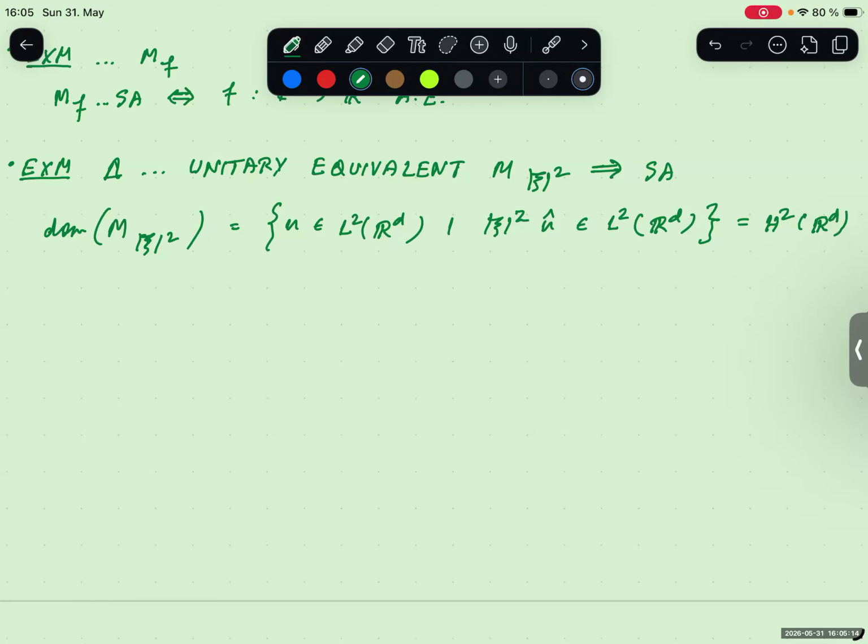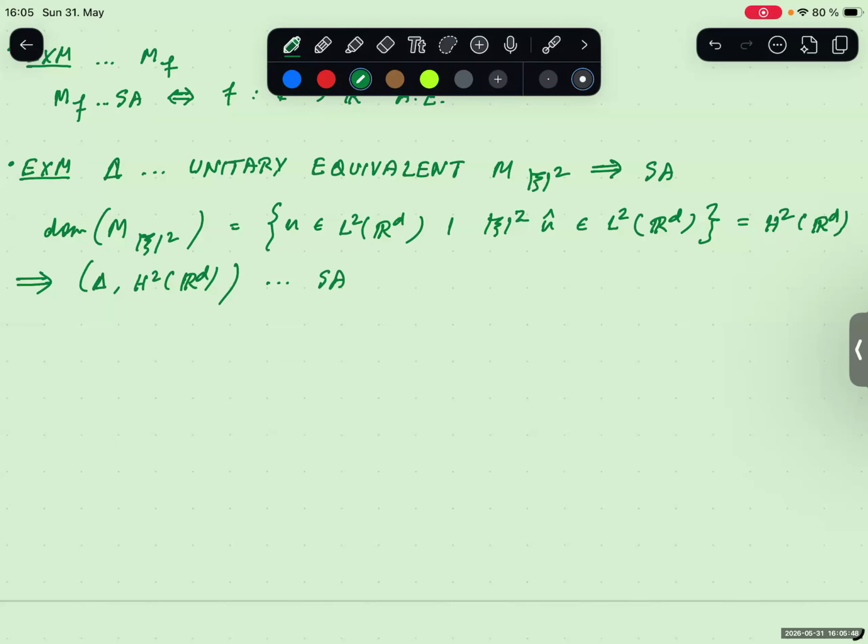Okay, that means the domain of this multiplication operator is actually the Sobolev space under Fourier transform. And then we can say the Laplacian on the domain of the Sobolev space is a self-adjoint operator.